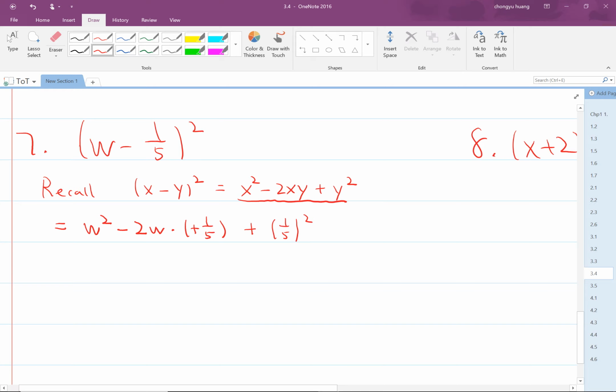Right here it says x minus y, so w is equal to x, and 1 over 5 is equal to y. Those are equivalent, right?